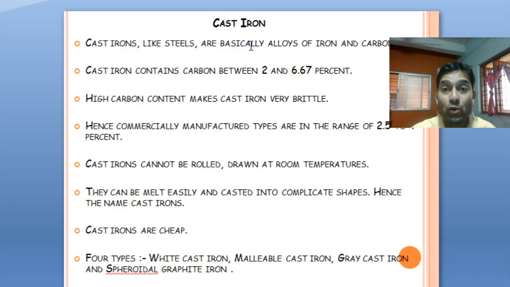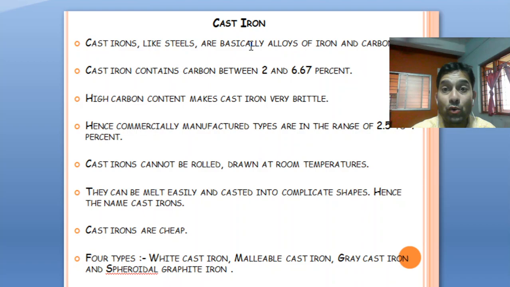The first one is your white cast iron. White cast iron is also called white iron because when it is fractured, the fractured surface will show white surfaces, and it is the only type of cast iron wherein the carbon is present in the form of carbides.